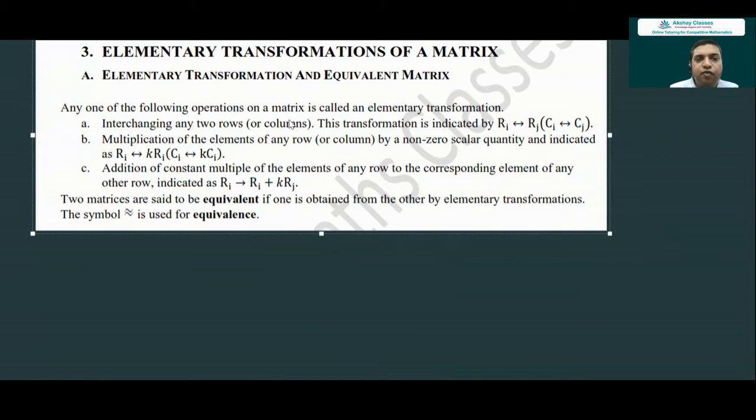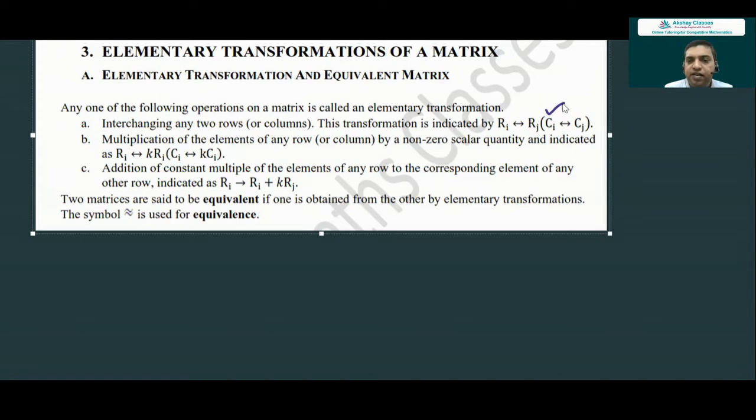Any one of the following operations on a matrix is called an elementary transformation. One, interchanging any two rows or two columns. So we say Ri double arrow Rj. That means the ith row and jth row are interchanged.